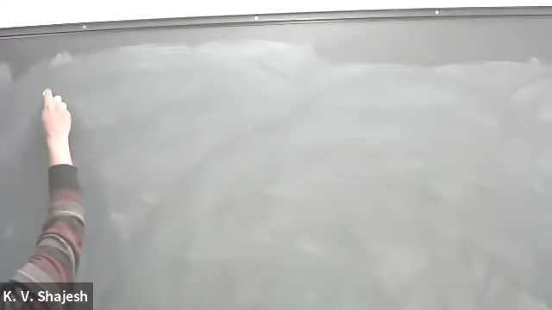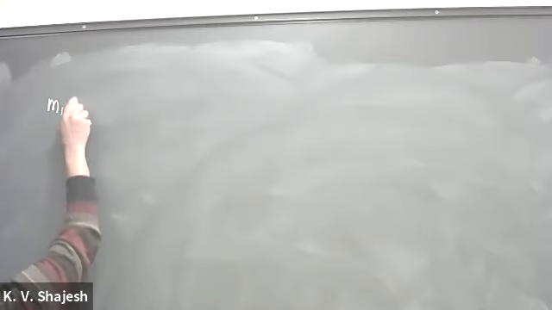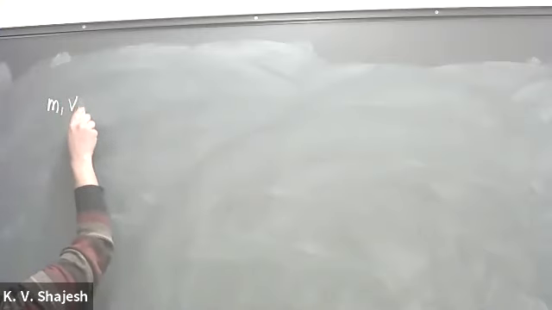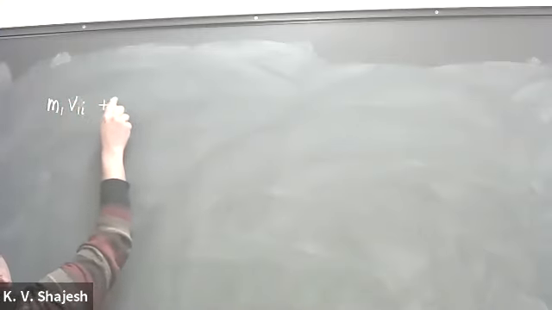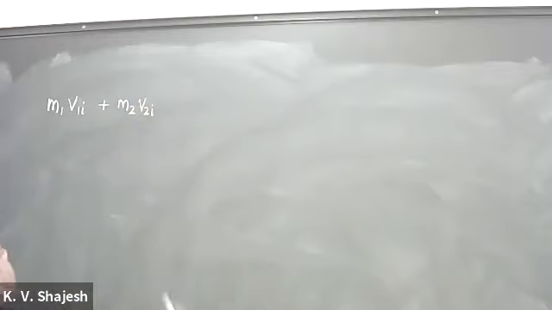So let's do this more specifically. Elastic collisions in 1 dimension. We have M1 V1 initial plus M2 V2 initial. Notice I've removed the vector sign, everything happening in one direction.